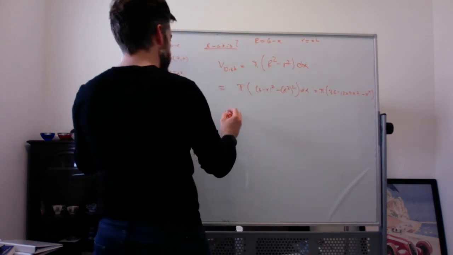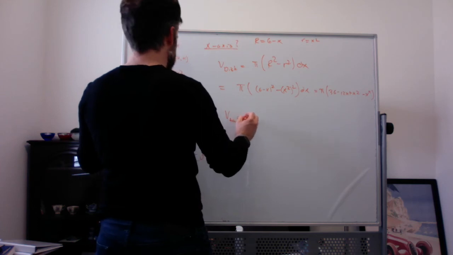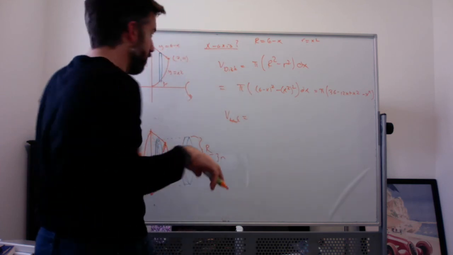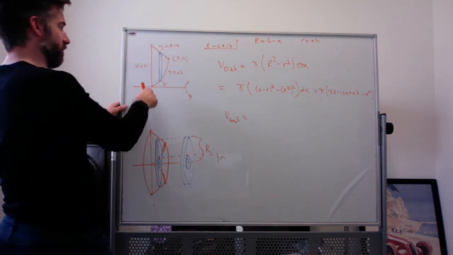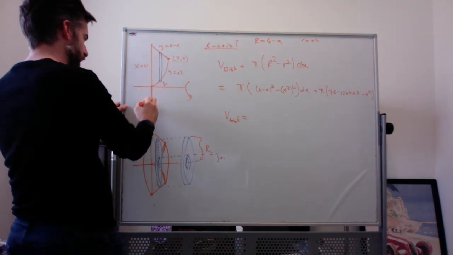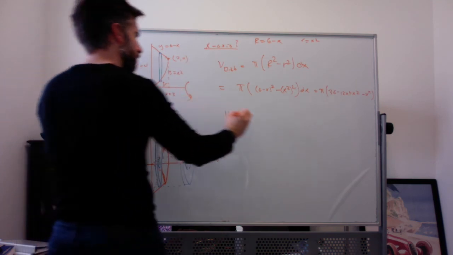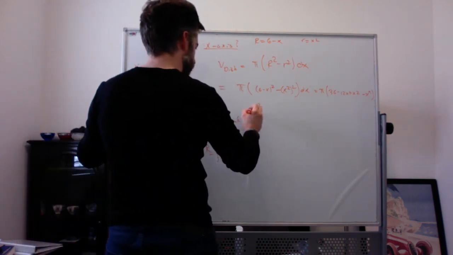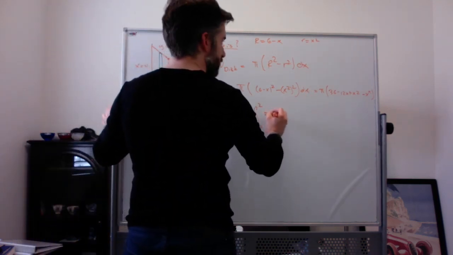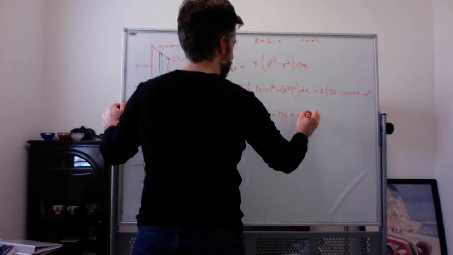So then the volume total, we're just going to add up all of the disks. We're going to integrate from 0 to 2, from x equals 0 all the way over here to x equals 2. Bring out the pi, and we've got 36 minus 12x plus x squared minus x to the 4th.